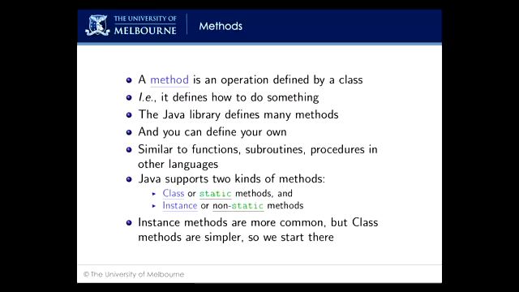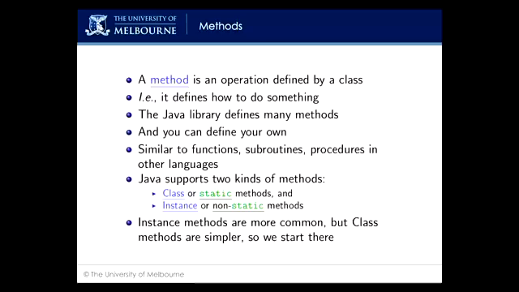So again, they're similar to functions, subroutines or procedures. There are two kinds of methods: a class method and an instance method. If you remember from week 1, I mentioned that I would go into the public static void main. I'm going to go into one aspect of that today, and that is the concept of static, also known as a class method.